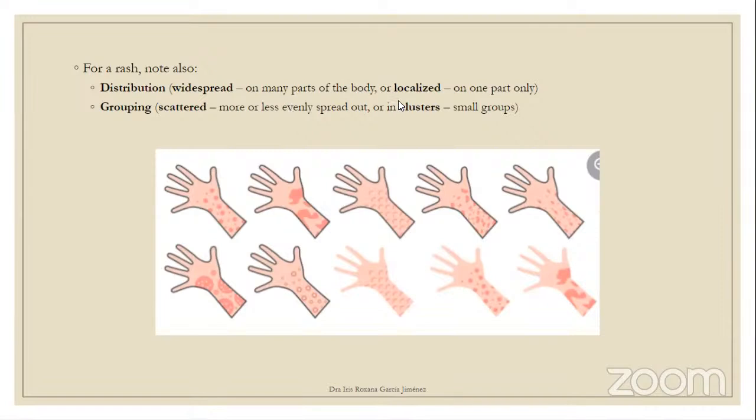I mean, on the fingers, on the body, on the scalp, okay? And grouping: they could be scattered, more or less evenly spread out, like this, or in clusters, in small groups, like this. This one could be called clusters, and this one scattered, okay?